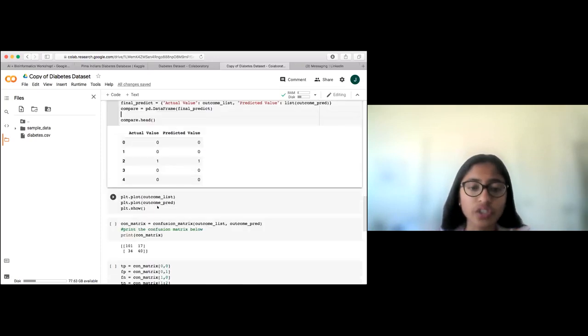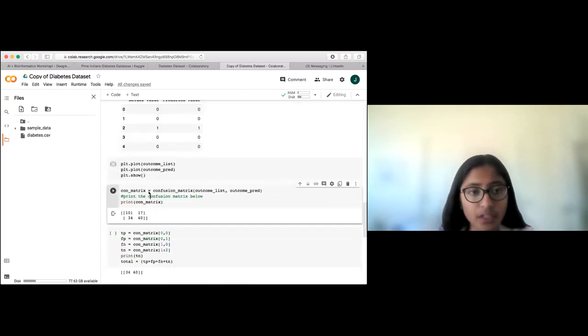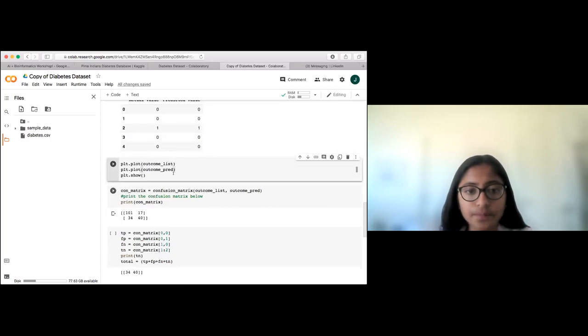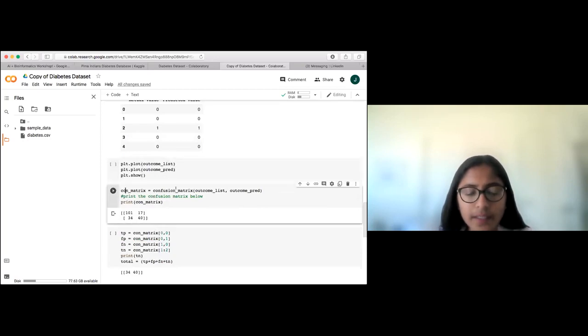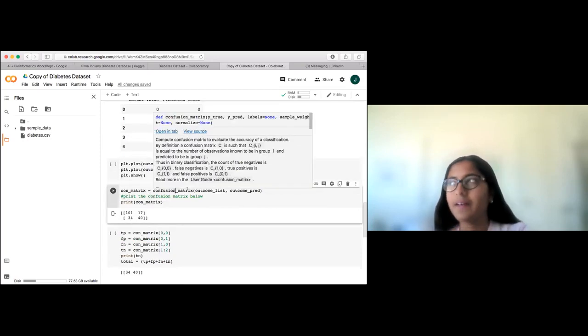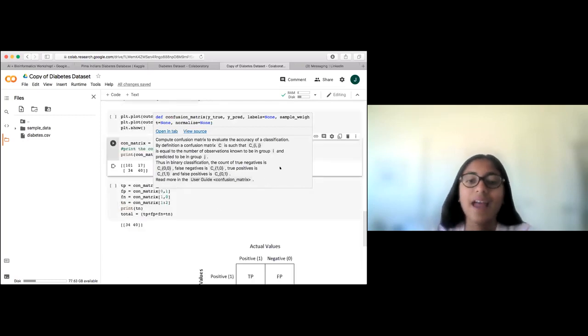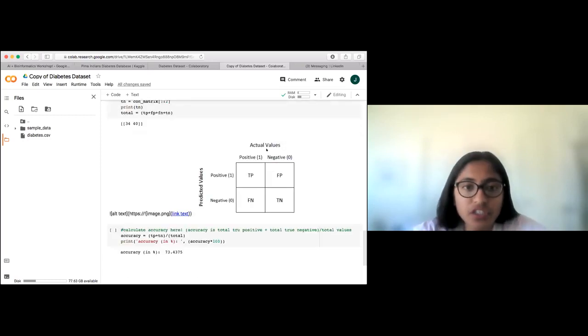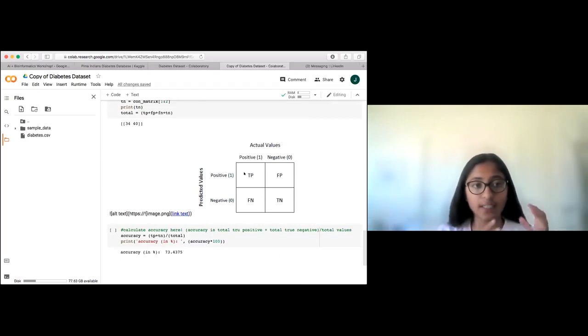What you would actually do is create a confusion matrix. Okay, I have a picture here. Basically a confusion matrix shows, out of all the values, the ones that you predicted were positive and that were actually positive, which are called true positives, and the ones that you predicted were negative and that were actually negative, which are called true negatives.